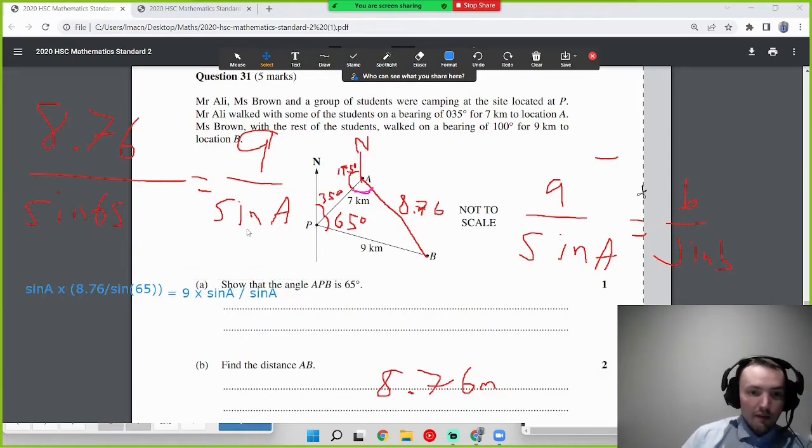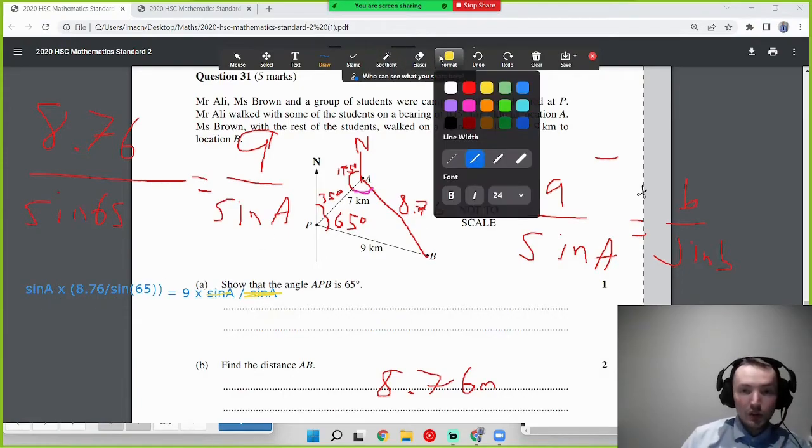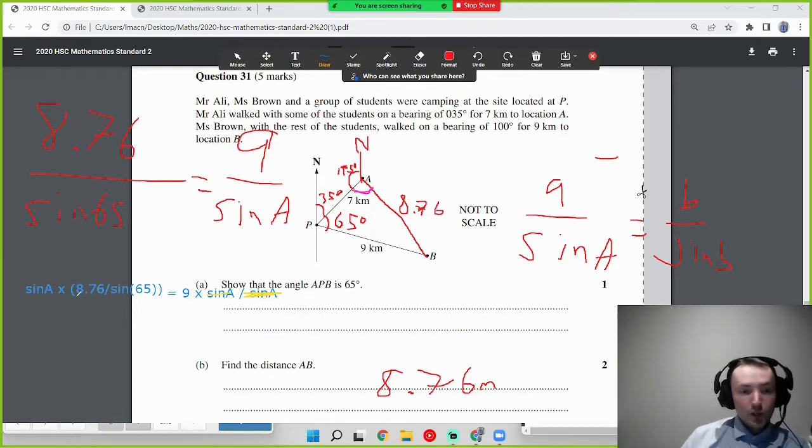So essentially what we do is we're cancelling out the sine on the right side. So this cancels out with this, because anything divided by itself cancels out. And now we're left with sine A times 8.76 over sine 65. So then what we want to do is divide each side by what's in the brackets over here.